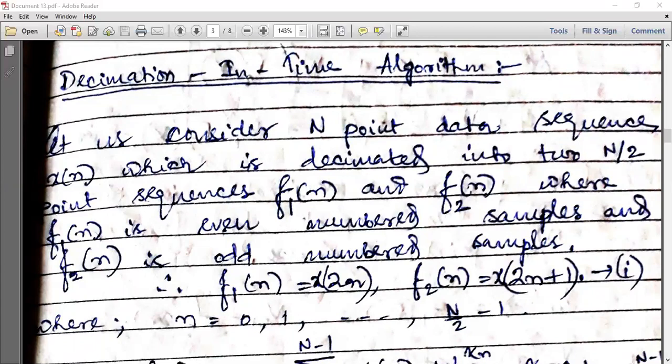You see, decimation basically what is? Decimation is the process of breaking down something into its constituent parts. Now, decimation in time involves breaking down a signal in the time domain into smaller signals, each of which is easier to handle.